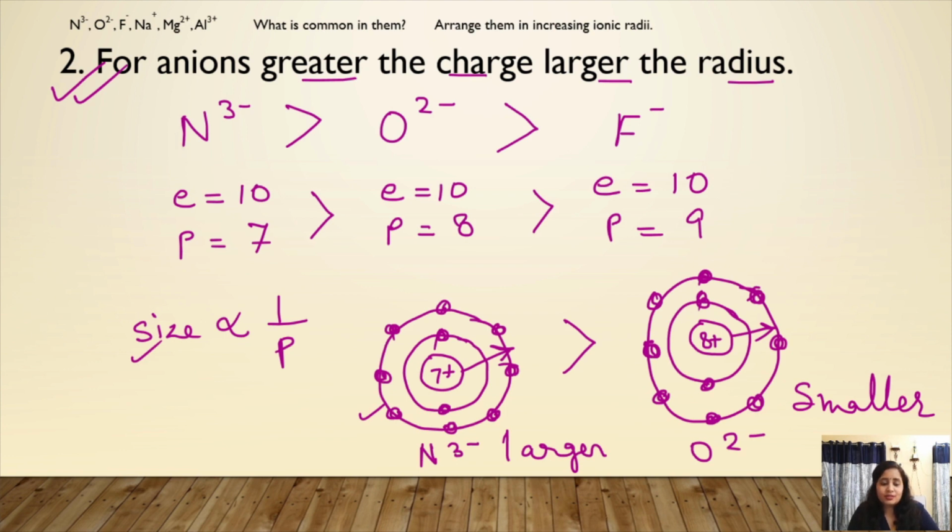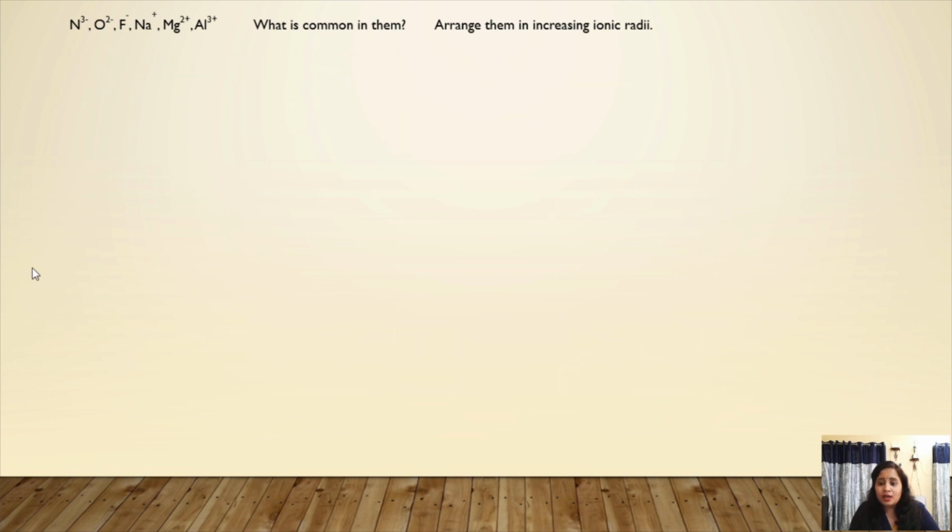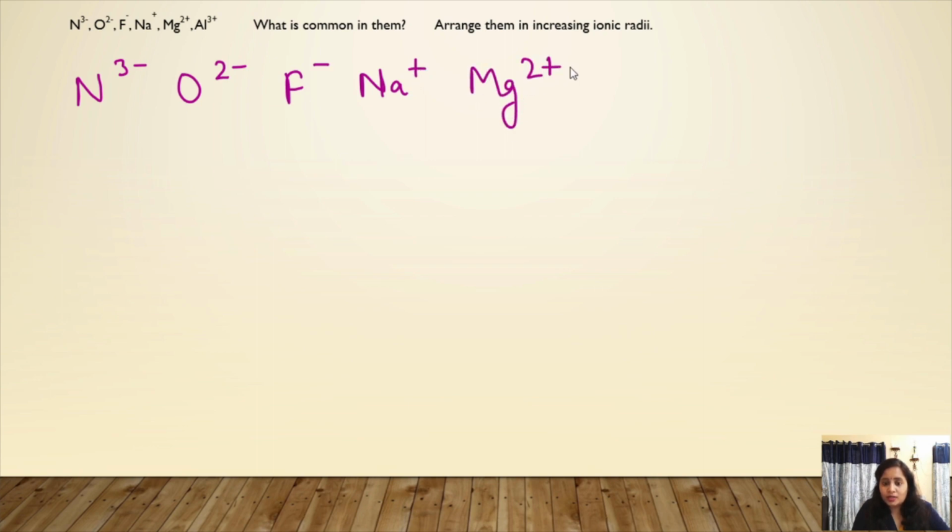Now, so we can say overall we need to arrange them in the increasing ionic radii. So one more thing I want to tell you. If we write, now we can get nitrogen 3 minus, oxygen 2 minus, fluoride minus, then sodium plus 1, magnesium 2 plus, and aluminium 3 plus.